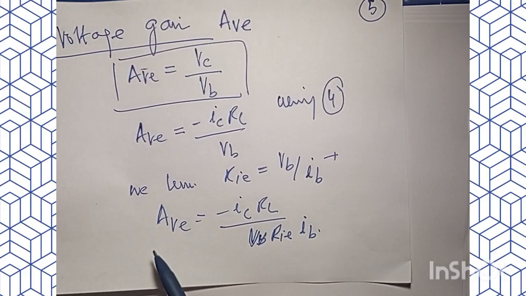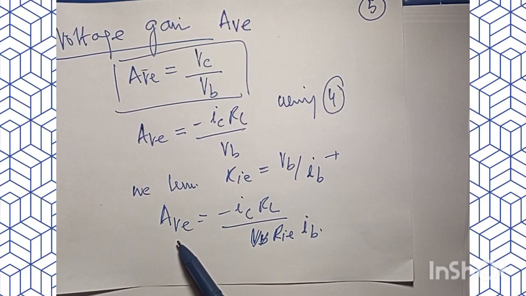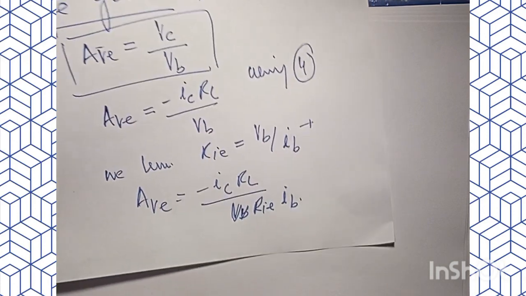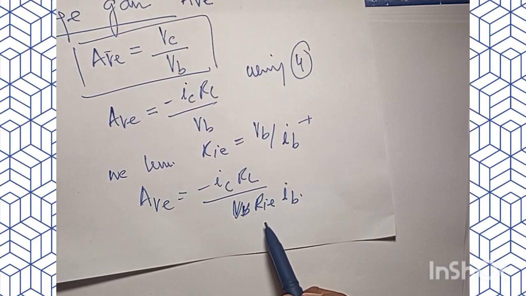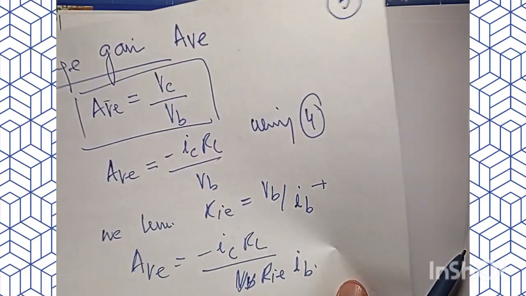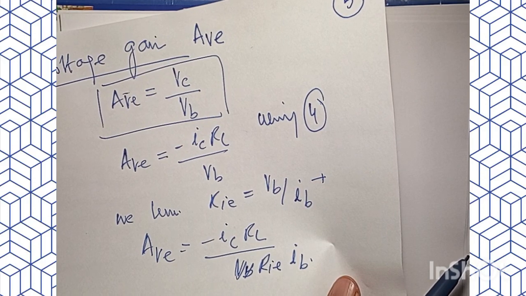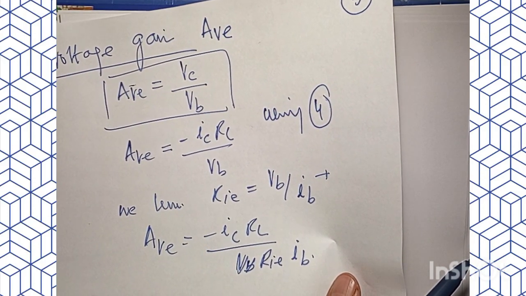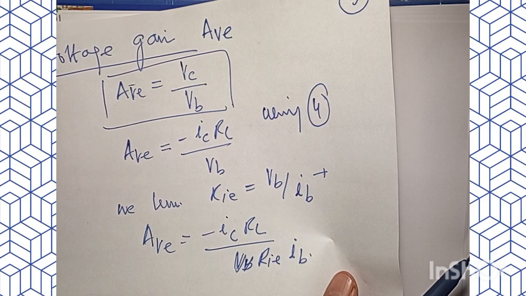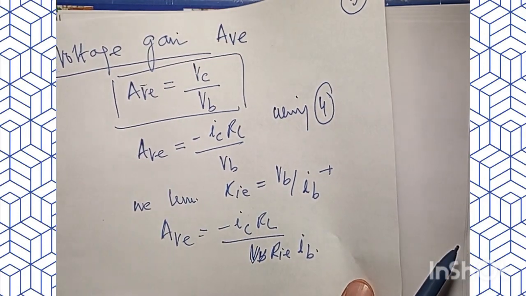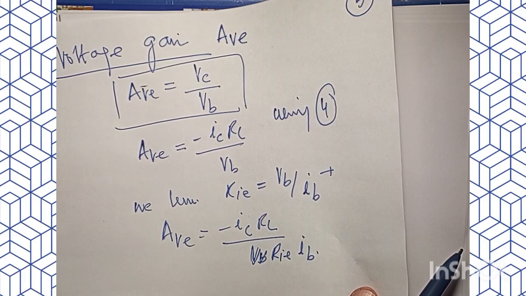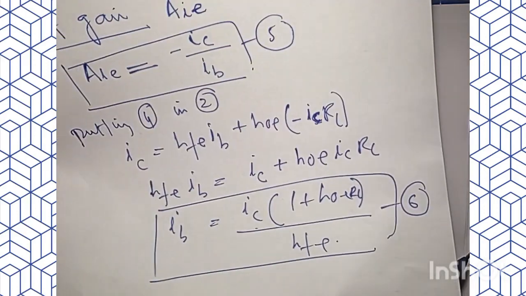So we have the voltage gain in common emitter configuration up to this. Now let's go back. What can we use here is from equation number 5. I want to get that equation 5 back. Yeah, I have that for AIE is minus IC by IB.